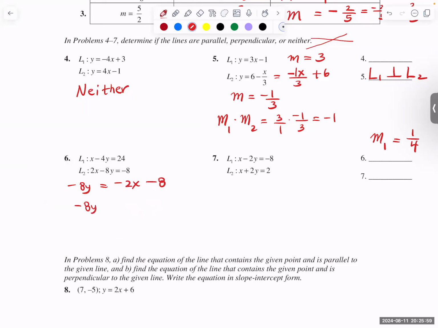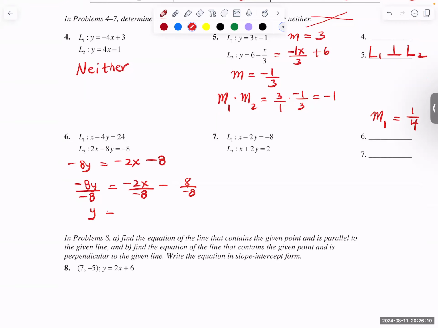If we divide every term by negative 8, so negative 8 divided by negative 8, we have y equals positive 2/8, which is equal to positive 1/4. Minus the negative is plus 1.